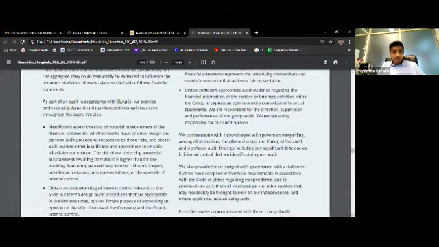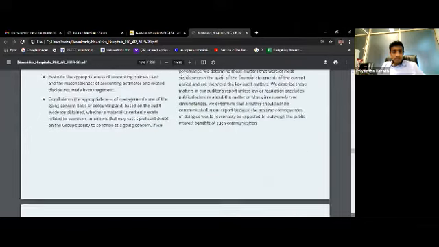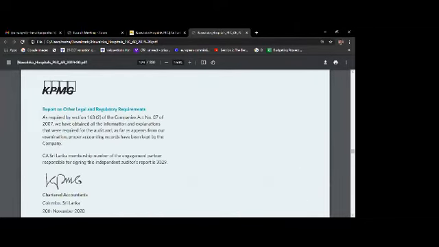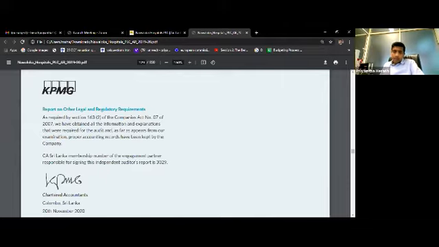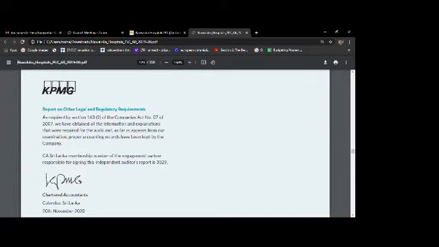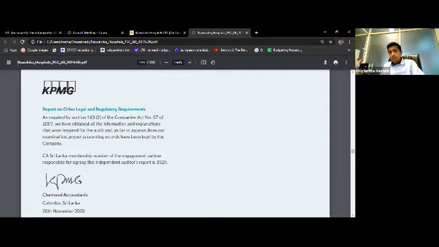So in case of qualified accounts, would the elaboration be more, or are they supposed to specifically mention it? Yeah, if there's a qualification, can you remember as I explained, there are different auditor's reports, right? So this is a clean report, and sometimes they qualify the auditor's report, or sometimes they disclaim.